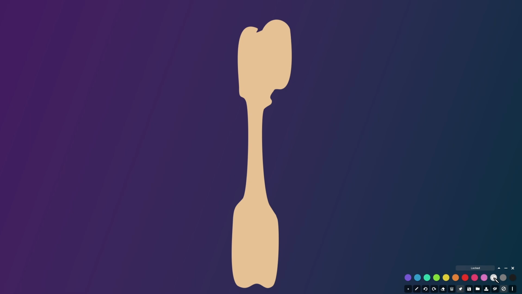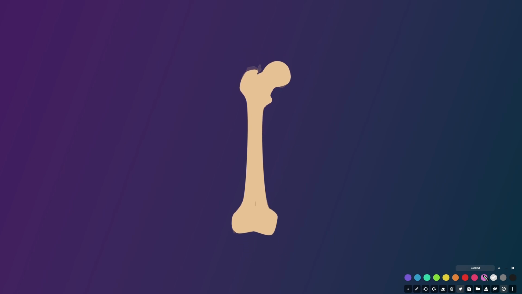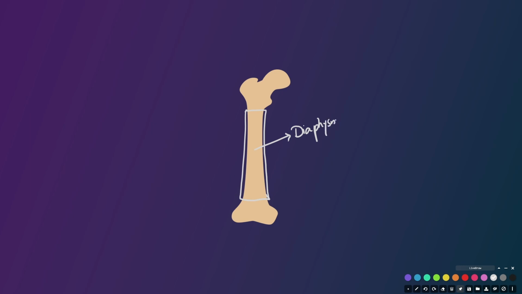Actually, let me briefly tell you that this long bone can be divided into three parts. This is the diaphysis, and the ends are basically called epiphysis, and between the ends and this middle long part is the metaphysis. Let's forget about metaphysis.